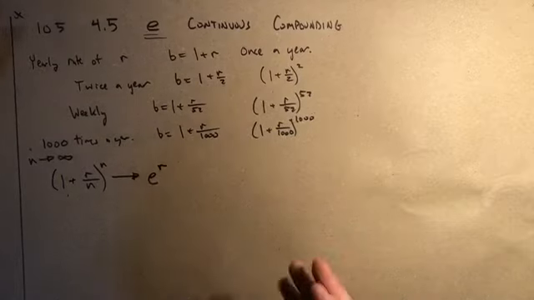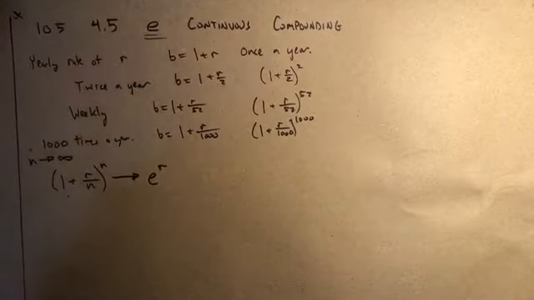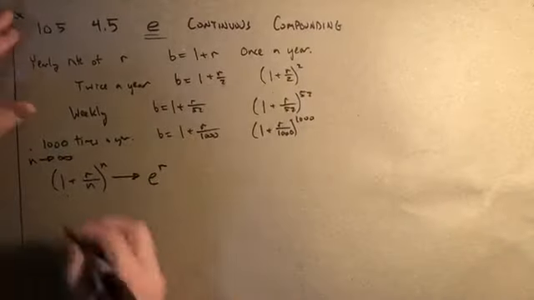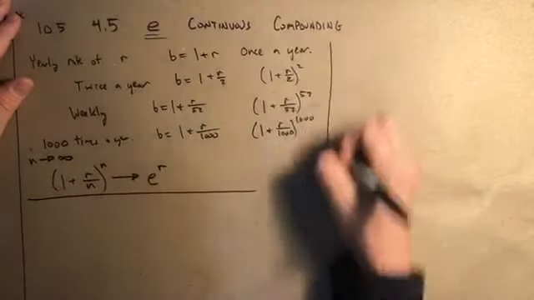Okay, so this is why we call it continuous compounding, because I'm compounding faster than once a second, faster than once a millisecond, faster than once a nanosecond. We are just compounding super duper quickly, and we get this e to the r. Now, I'm not usually going to use r.